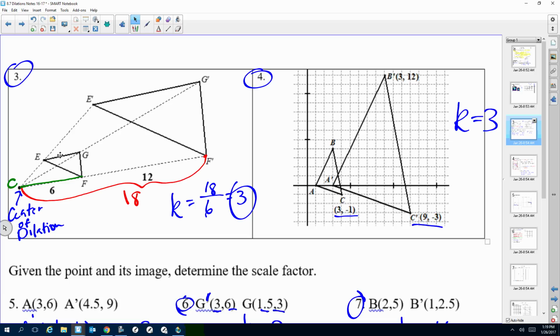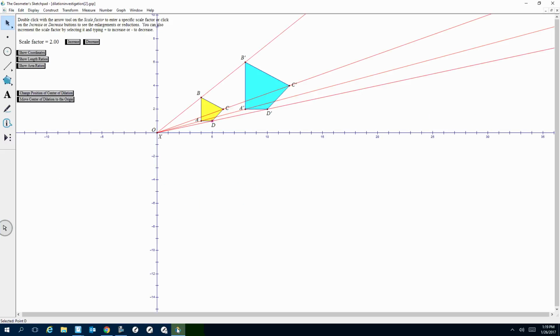Knowing how to create these lines connecting the image and your pre-image is very important, because not every dilation is at the origin. For example, let's just look at the dilation. If I want to show it increasing, look at what happens with the polygon. Do you see how the points of vertices stay on that line?